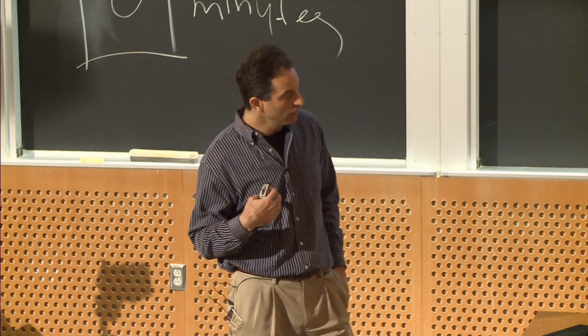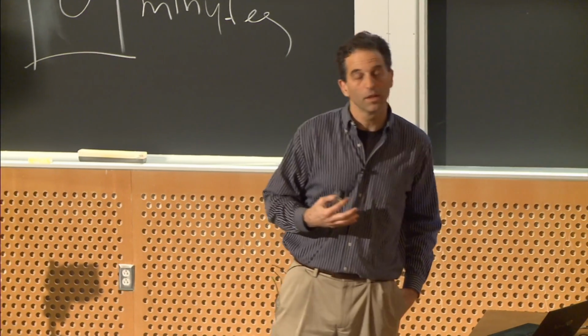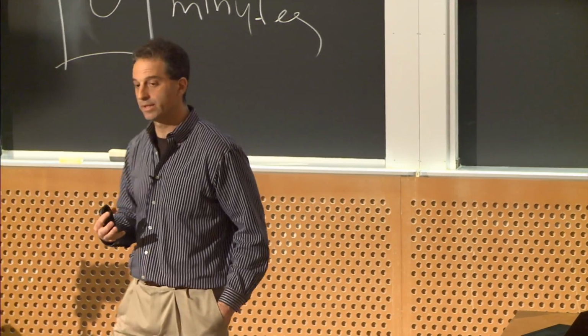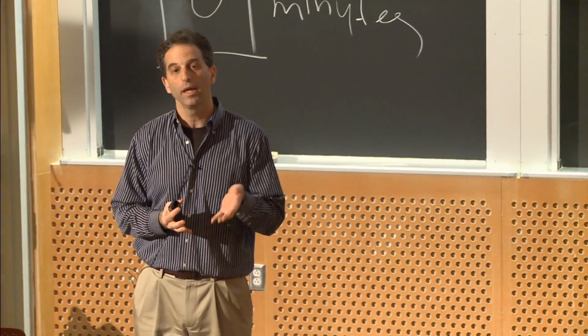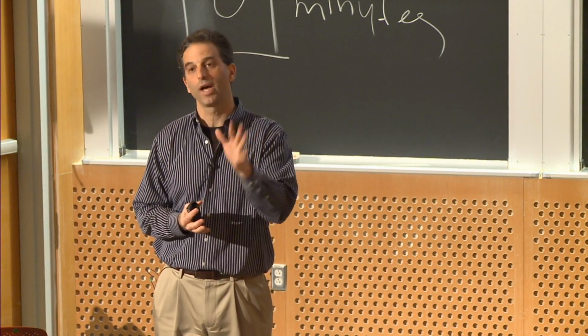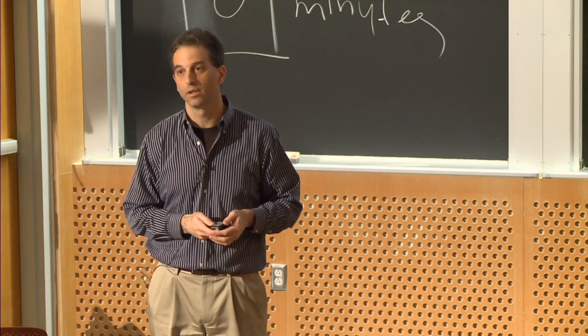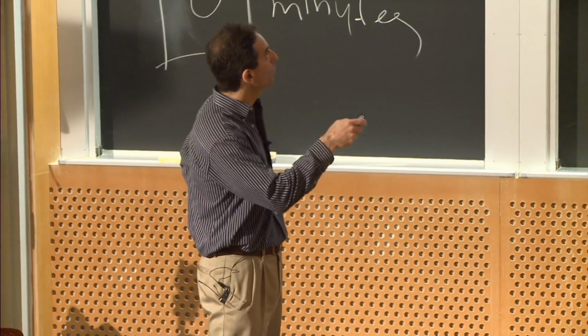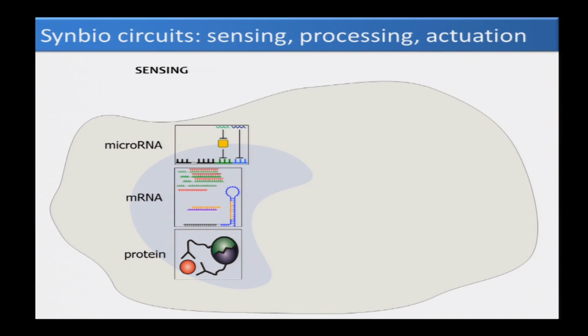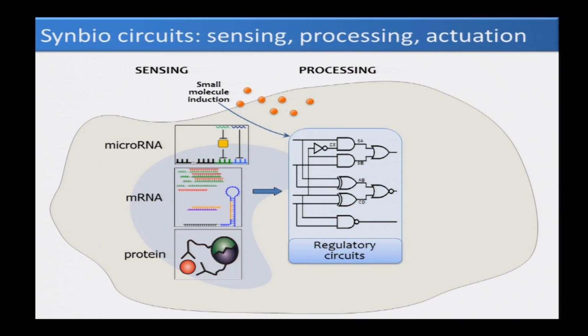So when we approach these tasks of programming the cells, we usually divide things up into modules of sensors, processing, and actuation. For example, we would want to develop sensors that can detect in live cells levels of microRNA, messenger RNA, proteins, and then connect them to synthetic regulatory circuits that we embed in the cells.